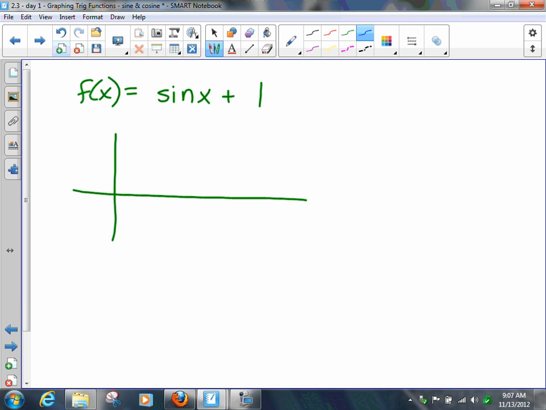What's my oscillation line? 1. Since I don't have a highlighter, I'm going to draw this with a dotted line. Okay? There's my oscillation line. And my sine curve's going to start where, y'all? At 1. And it's going to go up 1 unit and down and then back up. Do you guys agree? Okay.